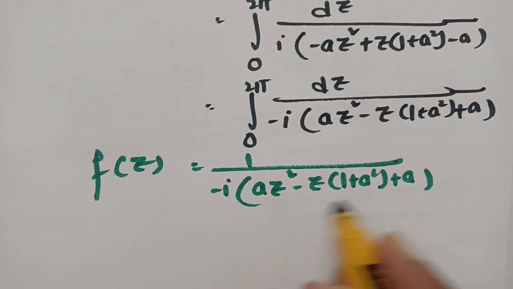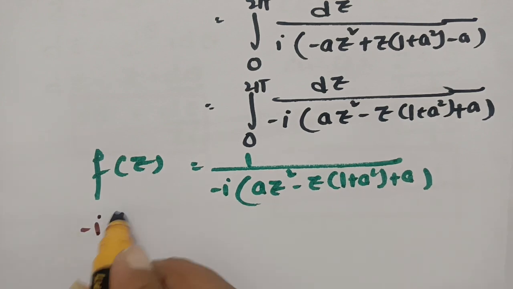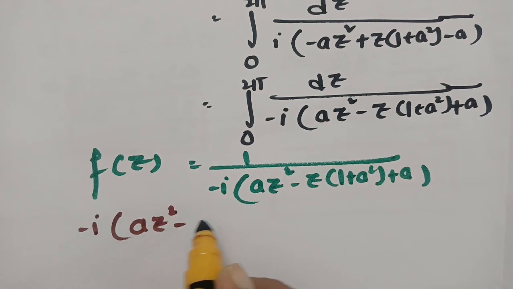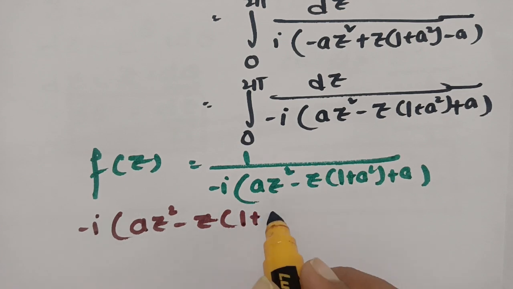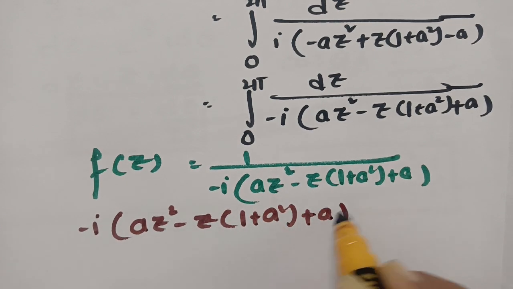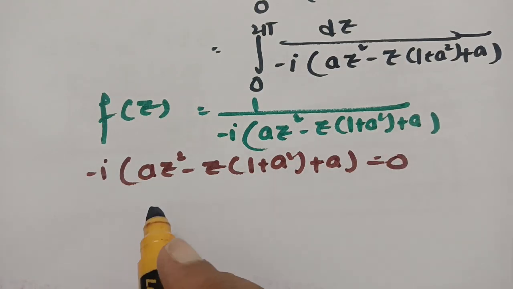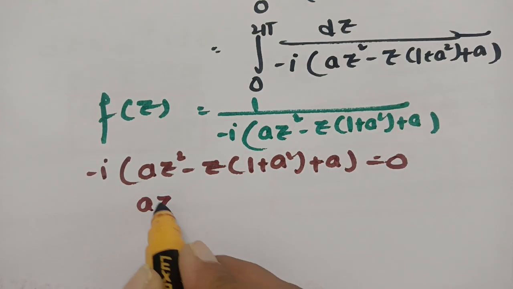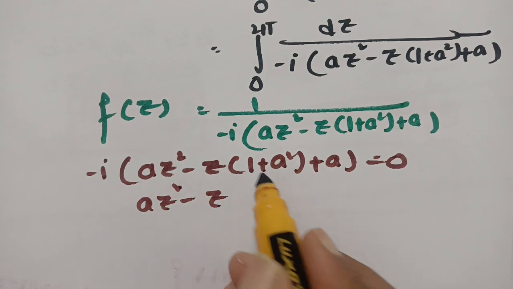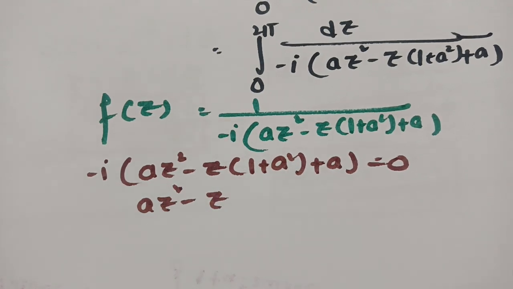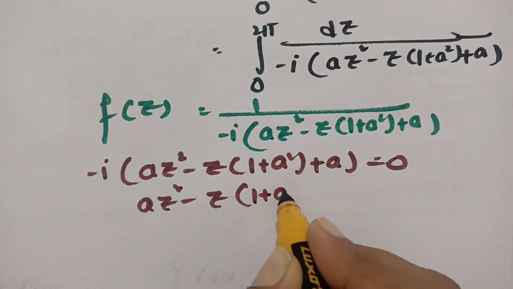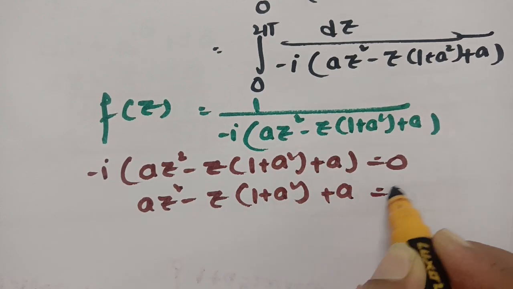We have to equate the denominator to 0. That is minus i times of a z² minus z into (1 plus a²) plus a is equal to 0. If I send minus i to the other side, what remains here is a z² minus z times (1 plus a²) plus a is equal to 0.